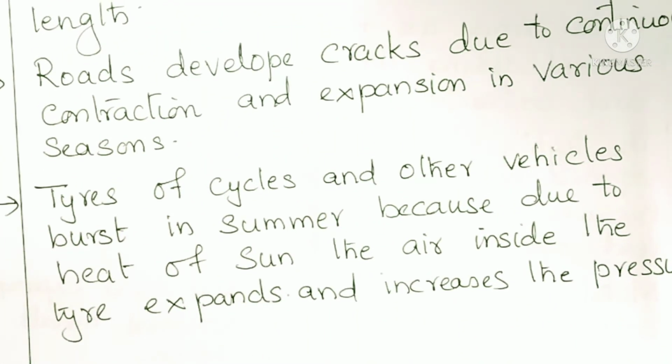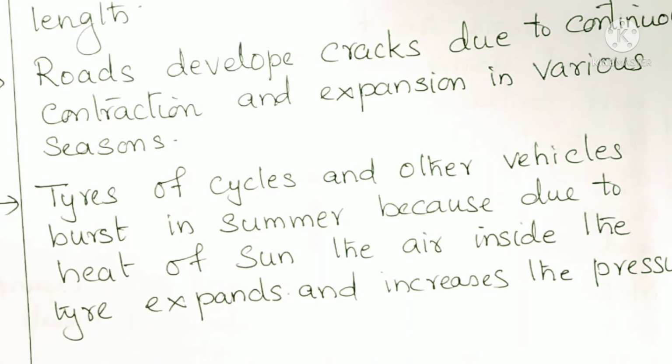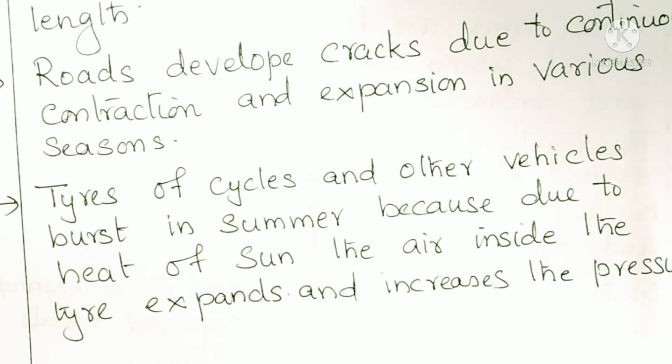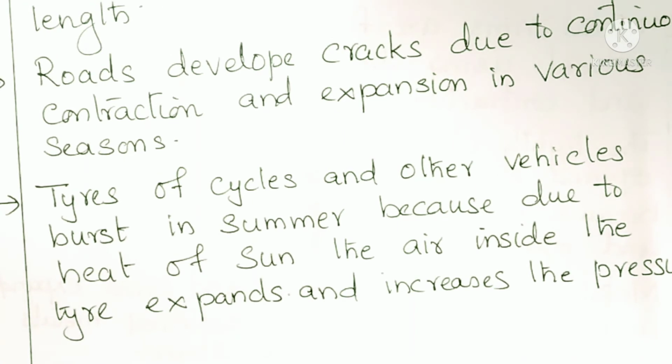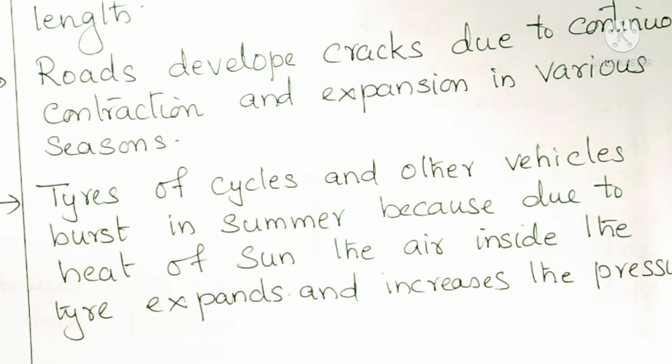Now, this is again a very practical thing. See, when you fill air in your cycle tires or in any vehicles, during summer especially we won't fill it completely. What is the reason? When you fill it tightly with air and keep it in the sunlight, sometimes the tires will blast.